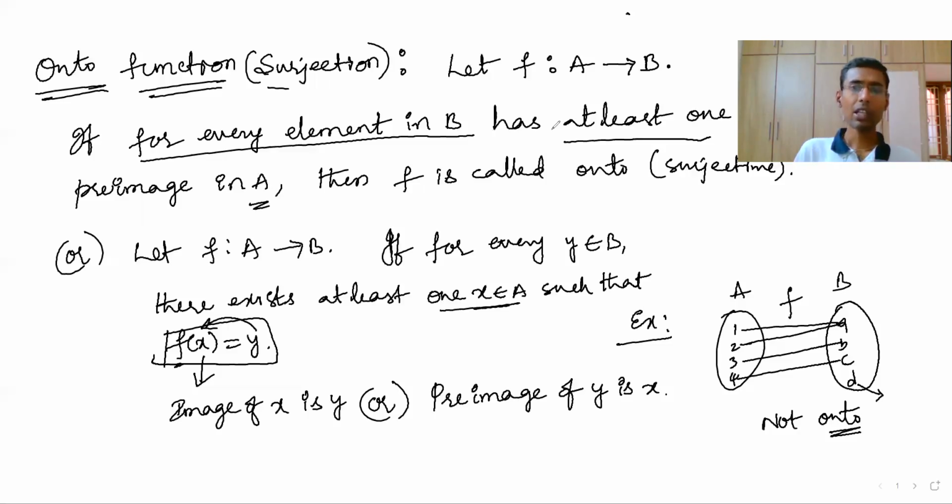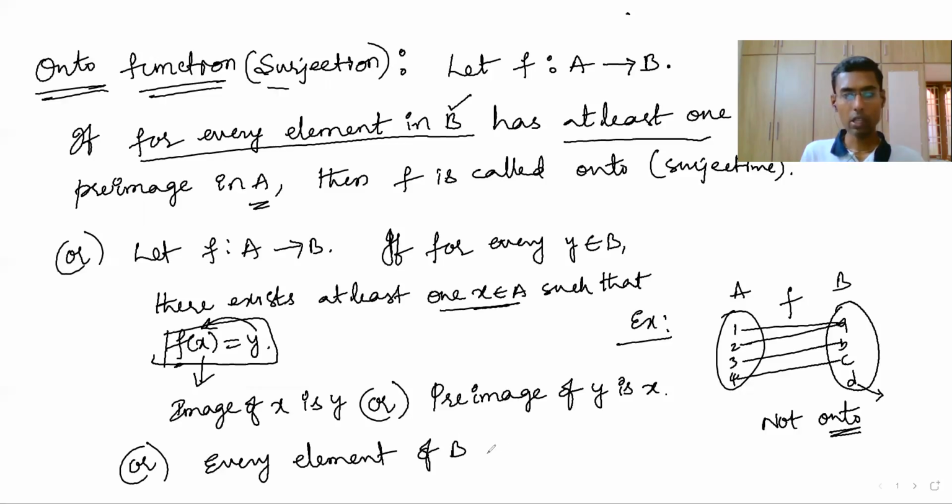Every element in B has at least one pre-image. Another way you can say is, every element of B is an image of at least one element of A. Got the point?